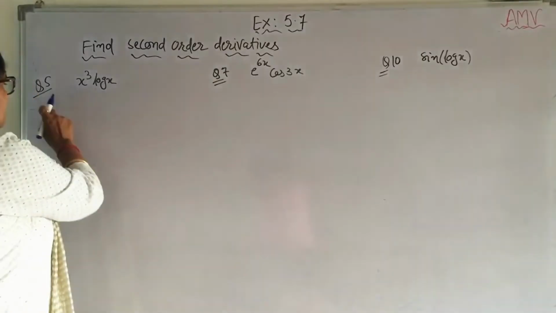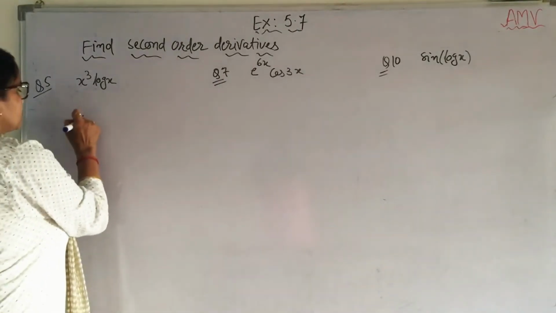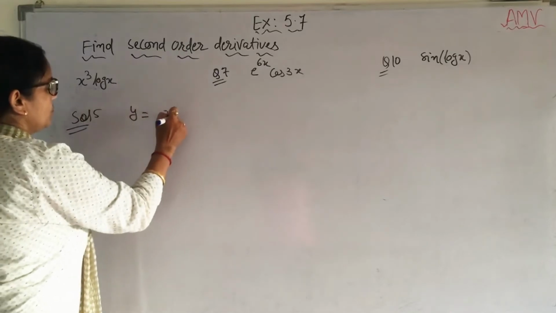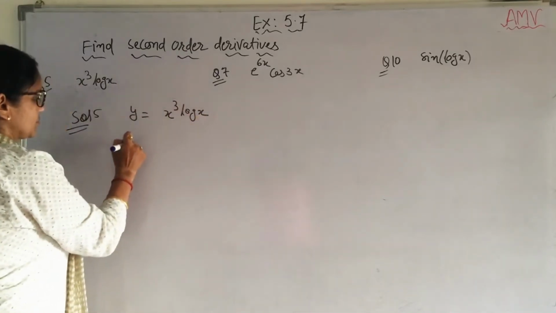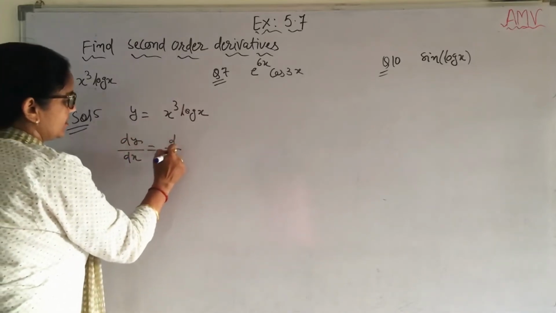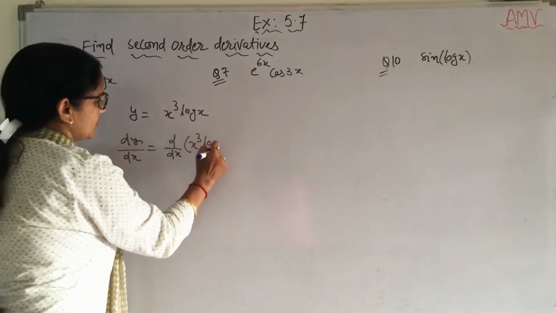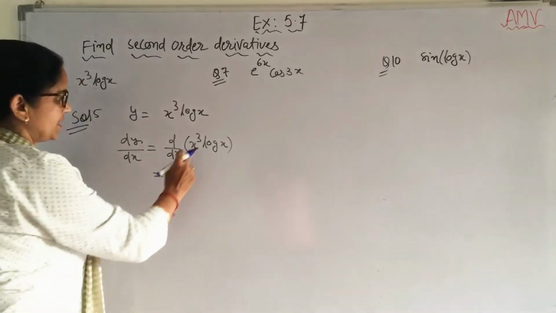Now students, I am going to solve question number 5. To solve this, here let y is equal to x cube log x. First find dy by dx. Here d by dx of x cube log x. Apply the multiplication rule here.